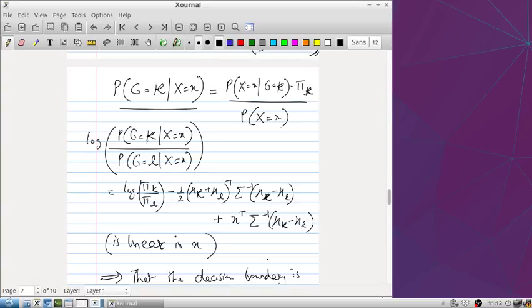There's no single sigma here, and you cannot cancel them out because there's subscript L and subscript K for the sigmas. So this function is not just linear. In LDA it's linear; in quadratic discriminant analysis, this function is going to be quadratic in X. It also depends on X transpose sigma L X and X transpose sigma K X, so it depends on a quadratic function of X.